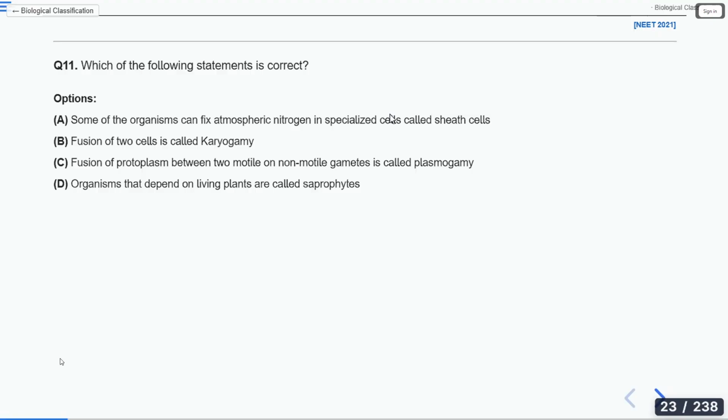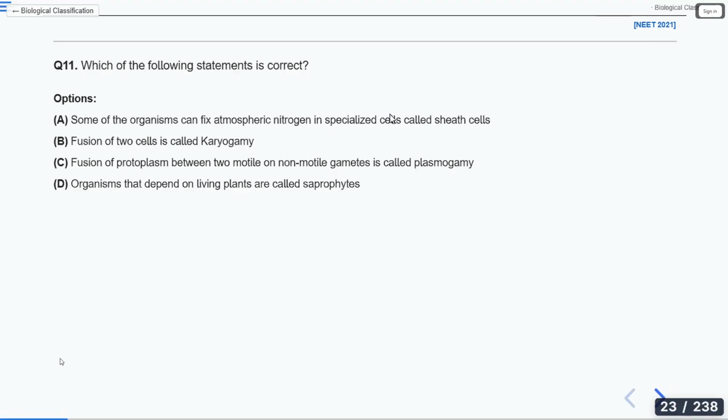Fusion of two cells is called karyogamy. Fusion of protoplasm between two motile or non-motile gametes is called plasmogamy. Organisms that depend on living plants are called saprophytes. So, which is the correct answer? Option C. Okay, what do you mean by plasmogamy then? Plasmogamy you have told.